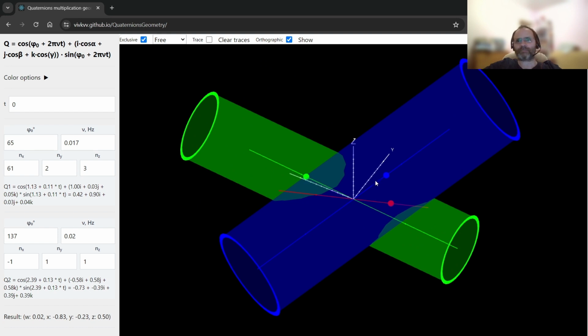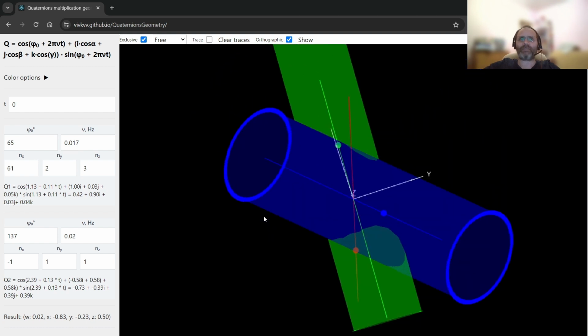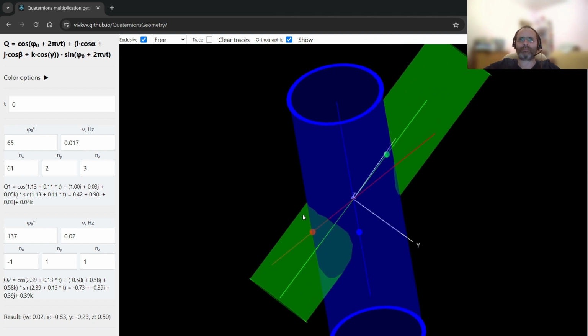How is it constructed? We take the axis of the first quaternion, green, and the distance from the second quaternion to the axis, the directional vector of the first, will be the radius of the green cylinder. The same is done for the second, blue quaternion.